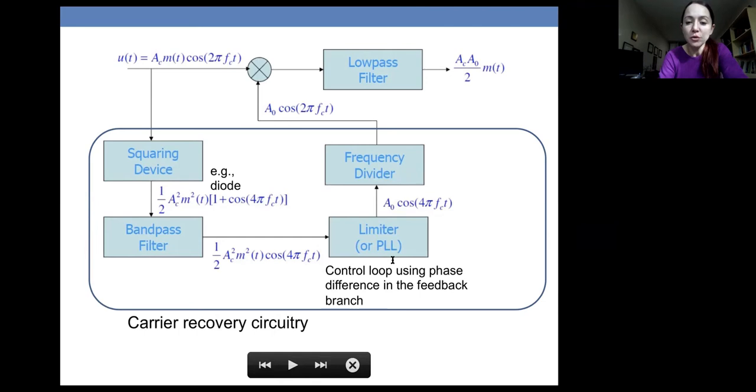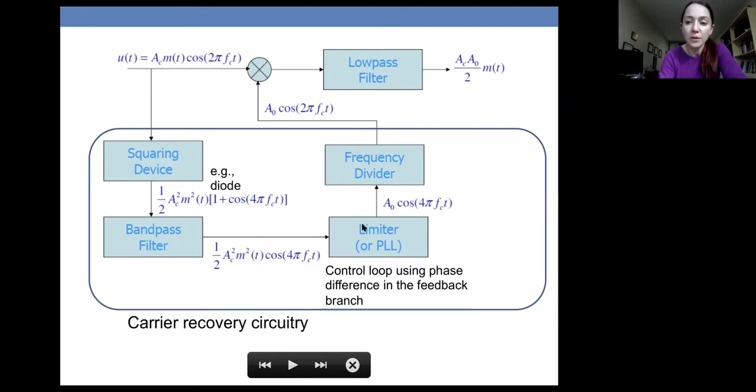Now we feed this into the PLL. And the PLL locks on to the carrier here, which is 2f_c.